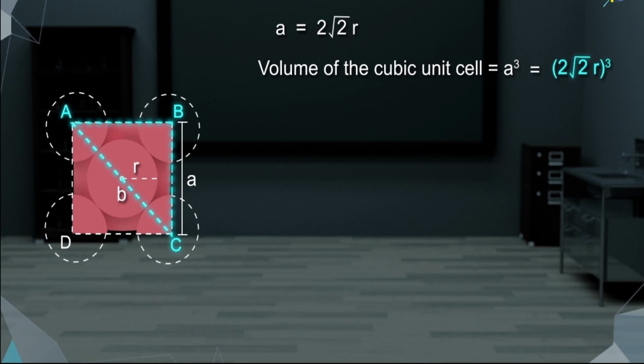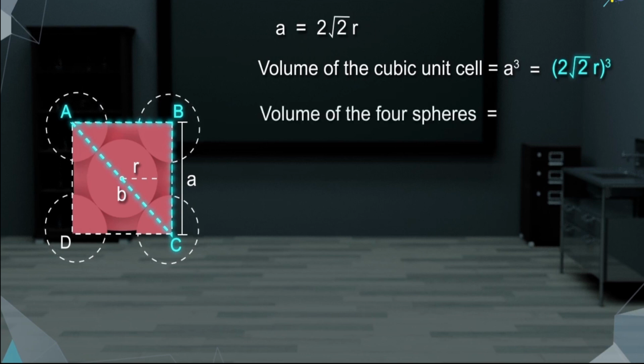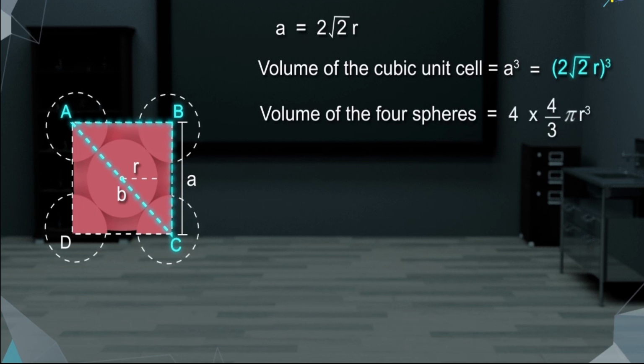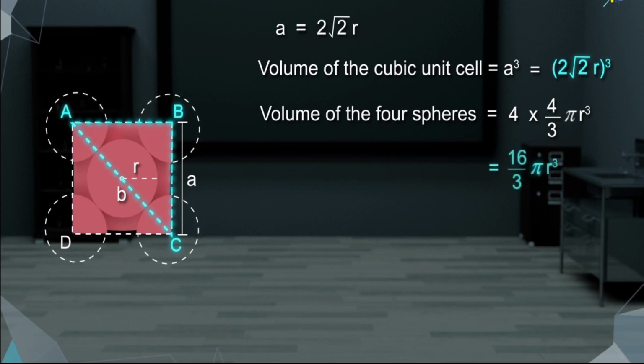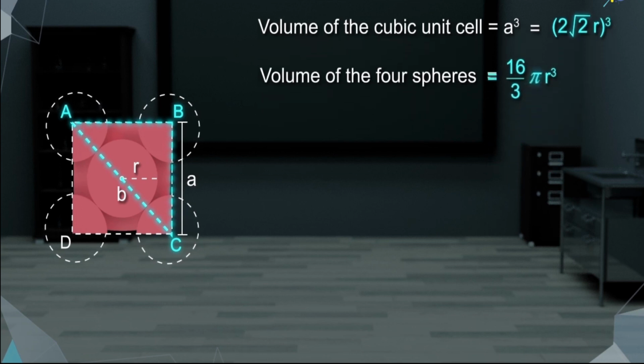In each unit cell in an FCC or cubic close-packed structure, the number of spheres is 4. Volume of the 4 spheres is equal to 4 into 4/3 πr³, which is equal to 16/3 πr³.